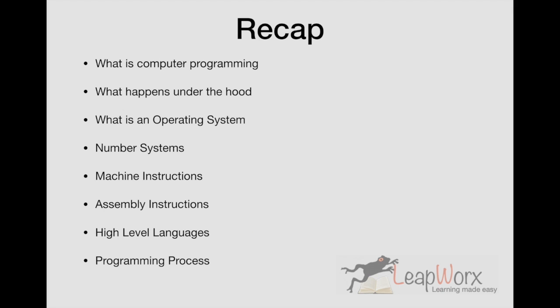Let's go and recap. We defined what computer programming is. We understood what happens under the hood. We have the CPU, registers, control unit, arithmetic and logic unit, and input output devices, the hard disk, the external storage device, and memory, right? Then we tried to understand what an operating system is.